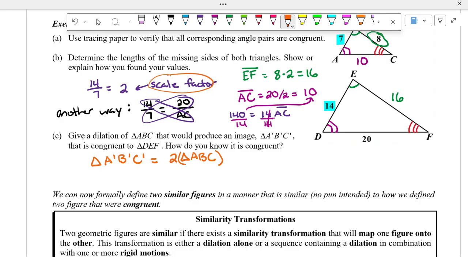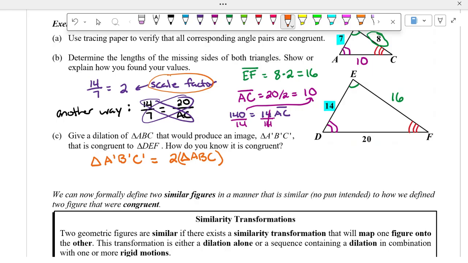Now, why did I multiply ABC by 2? Why does that give us this dilation that will be congruent to DEF? Why did I multiply by 2? What do we typically do with dilations? We change their size somehow. So we change the side lengths by doing what? Multiplying by the scale factor.